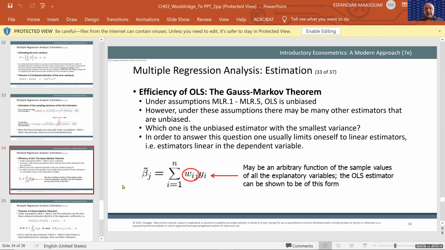If you look at the class of linear estimators, this is beta j tilde, which could include beta hat. It's the weighted sum of yi's. These weights define different estimators: OLS, GLS, instrumental variables, maximum likelihood, all kinds of things, GMM.